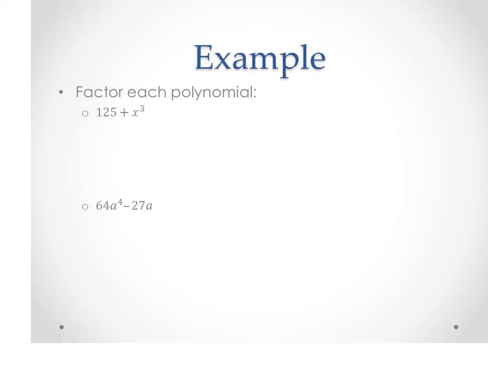When you're looking at factoring, the first thing I would look at is the exponent on my variables. The fact that we have an x cubed, so this is x that's being cubed, I'm going to look to see if this is a sum of two cubes. So is 125 something cubed? Well, it's 5. So this is a sum of two cubes, and you wrote down on the previous slide that if you have a cubed plus b cubed, it is a plus b times a squared minus ab plus b squared.